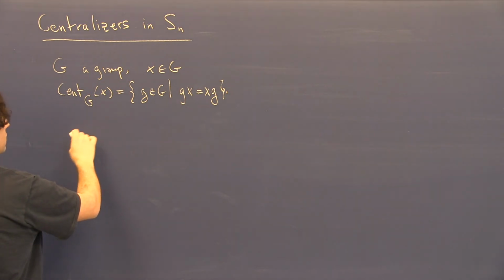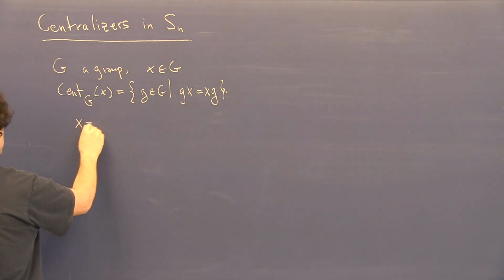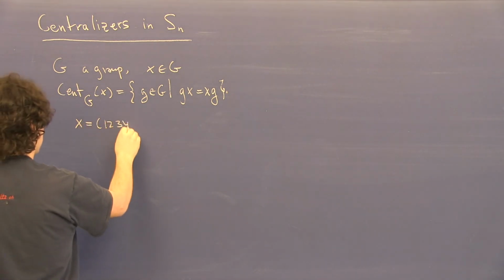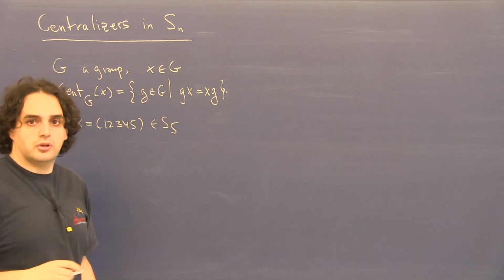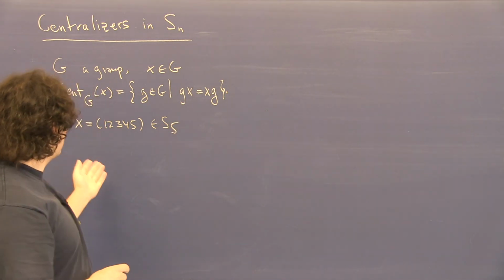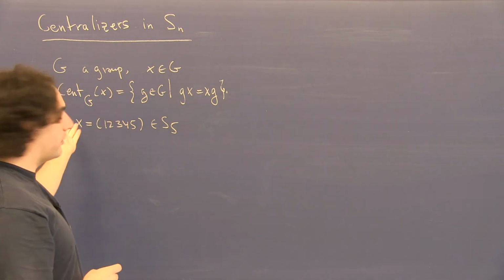So let's take, for example, x is (1 2 3 4 5) in S5. We might want to know what are the permutations in S5 that commute with x.